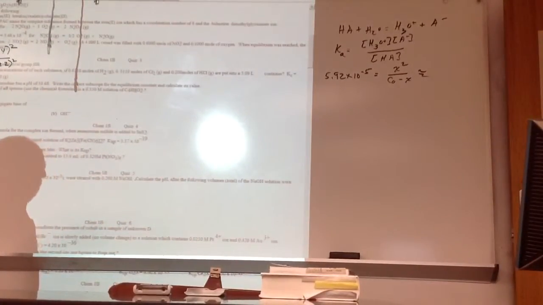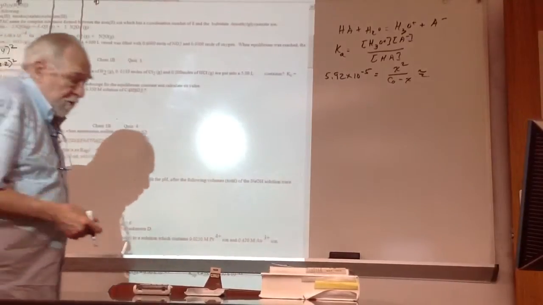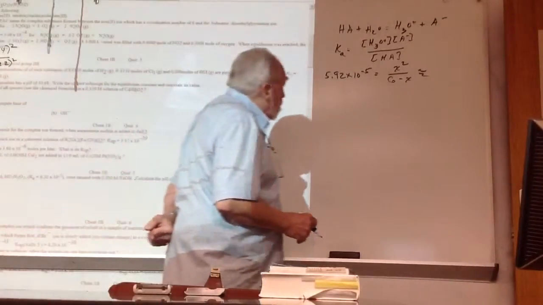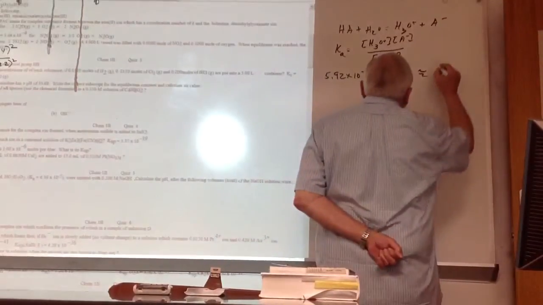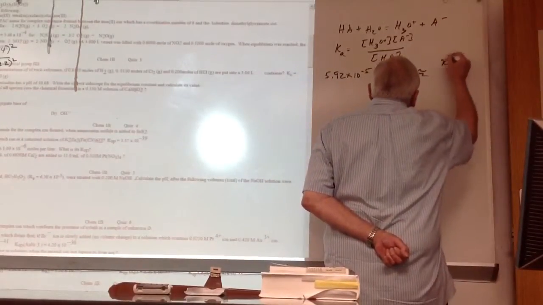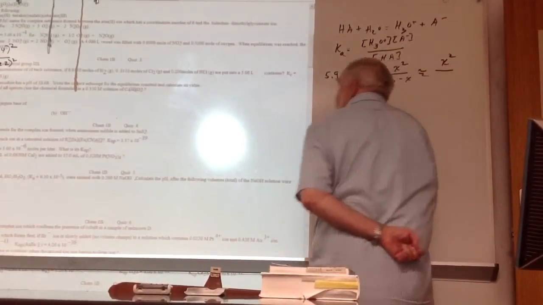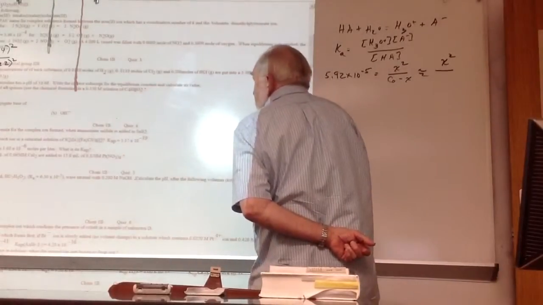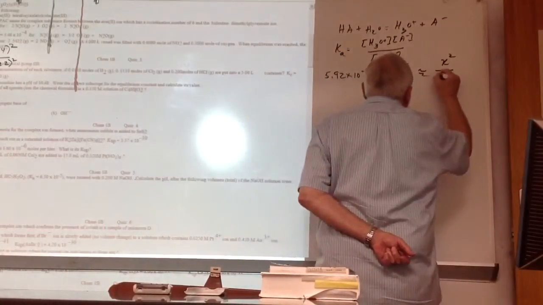And so you always solve it that way. And if it doesn't work out to be very good, you can go ahead and make a second approximation, a quadratic. That's worth an extra point to solve. So I always solve it. And starting concentration, I just read it to you a minute ago, 0.350.